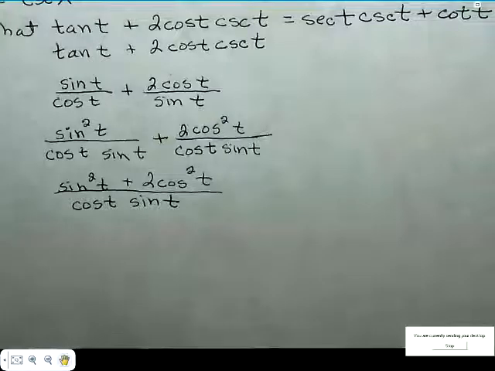Splitting into two fractions would be going right back where I came from. I don't want to do that. What else can you think of?